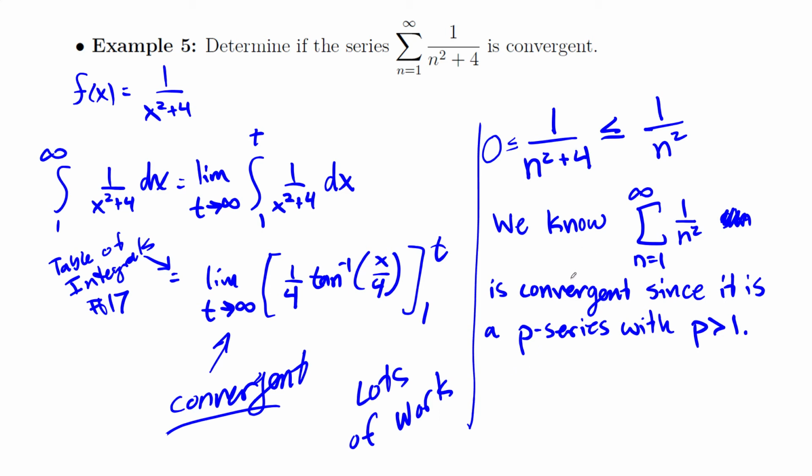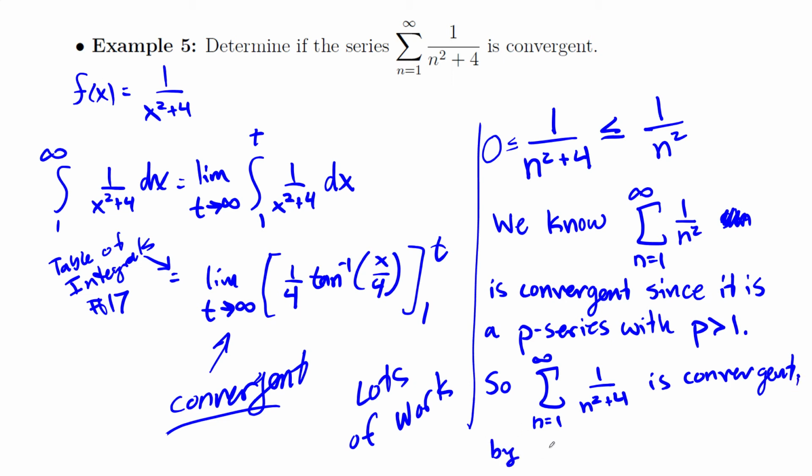So therefore, the sum from n equals 1 to infinity of 1 over n squared plus 4 is convergent. And what are we basing that on? We're basing that on comparing two different series. So we'll say it's convergent by what we call the comparison test.